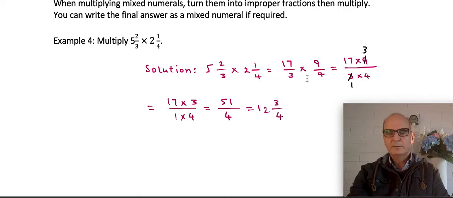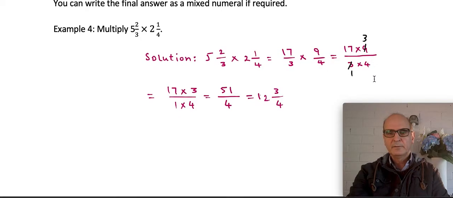Now I'm multiplying these two fractions, the tops, 17 times 9, and the bottoms, 3 times 4. Before going ahead, see if there are any factors we can divide by. We realize that both 9 and 3 can be divided by 3.